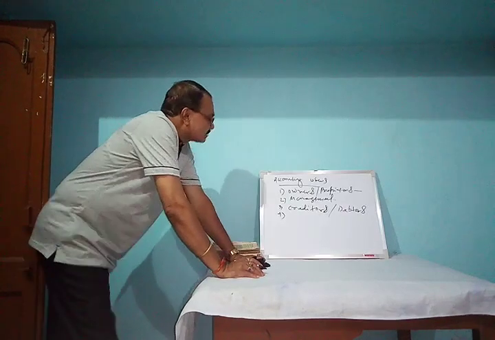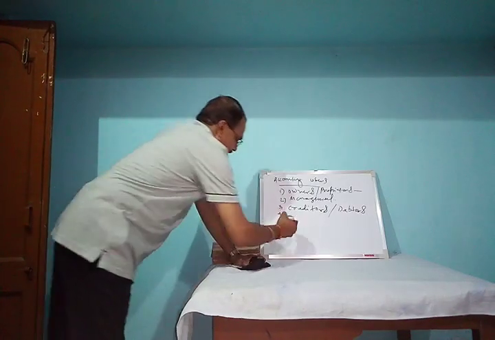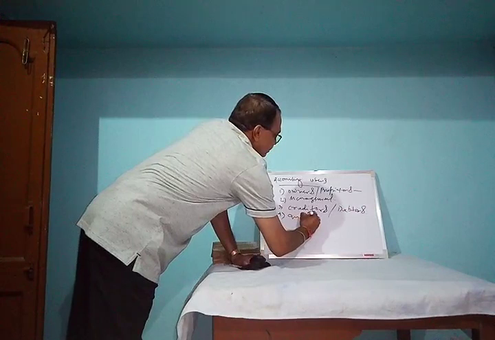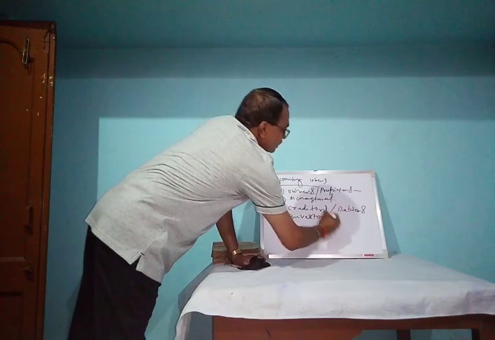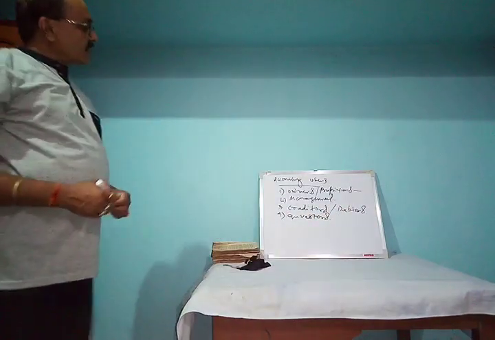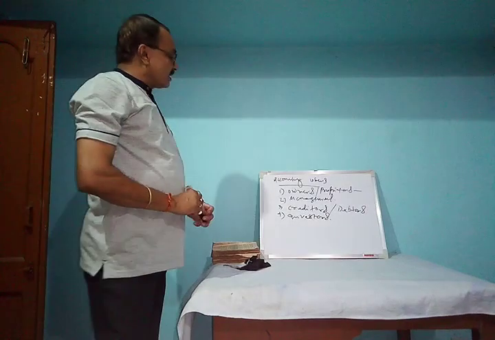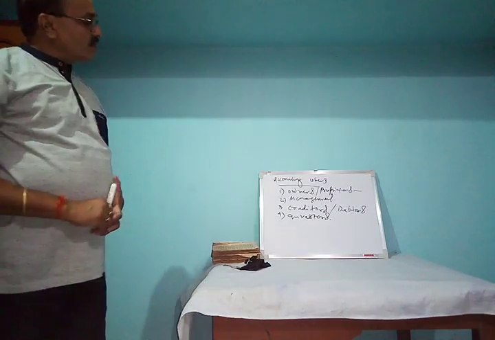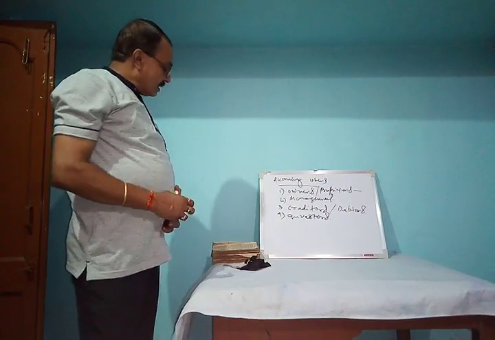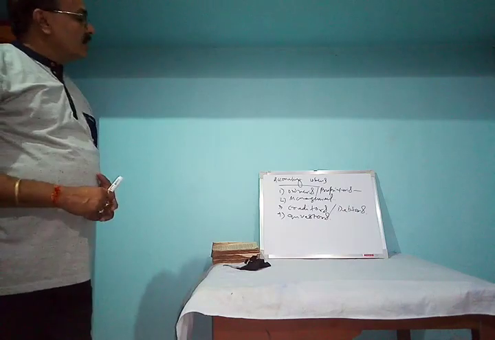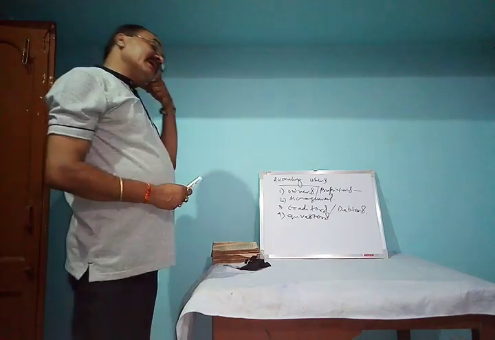Then next one is investors. Already in my introductory chapter I have discussed that sometimes we may also invite some investors from outside to invest their money in our business.